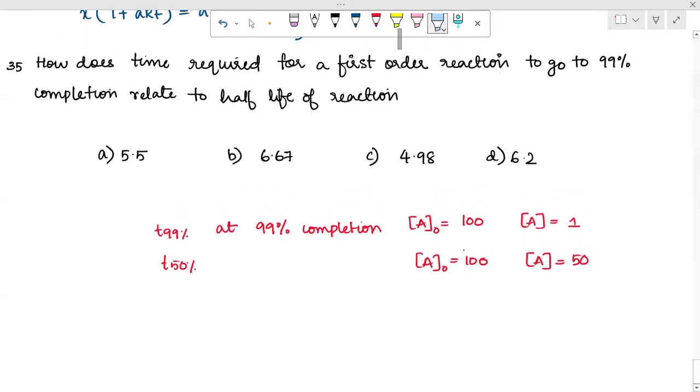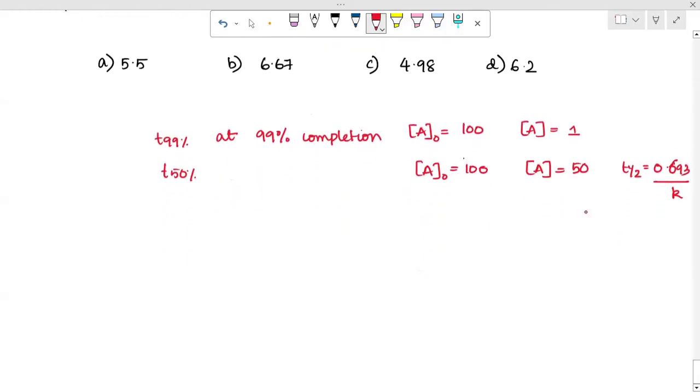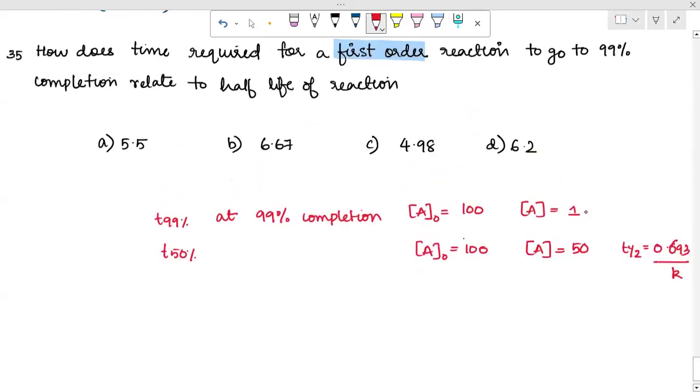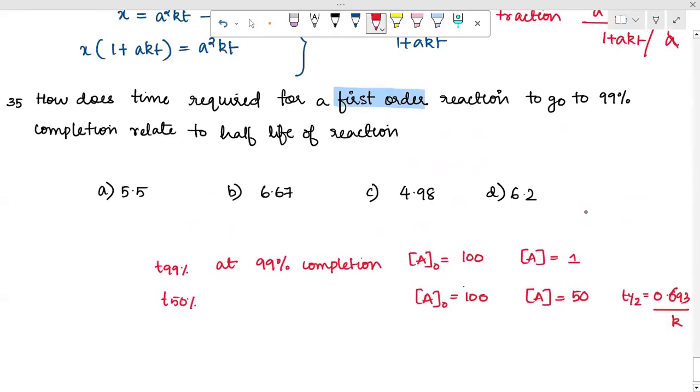Now it's given that it is a first order reaction, and you know that for a first order reaction, t half is 0.693 by k. You're aware of this. So we need to find the relation. You can find the ratio, anything works.